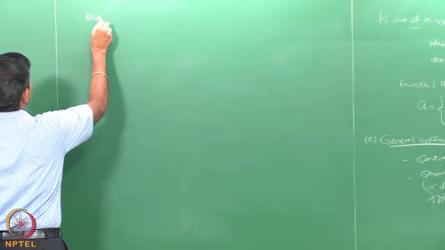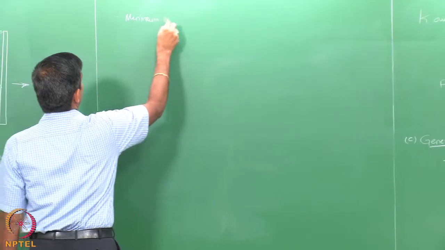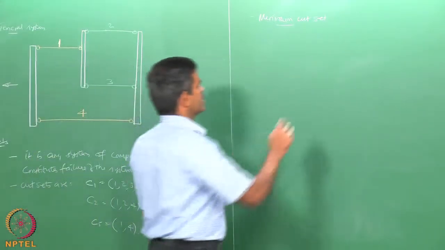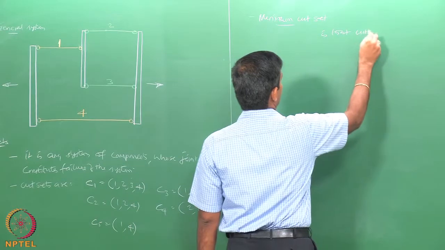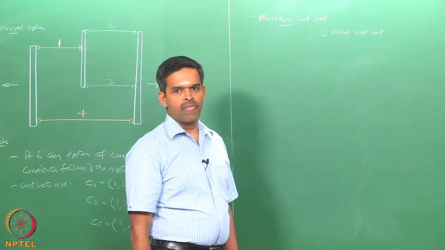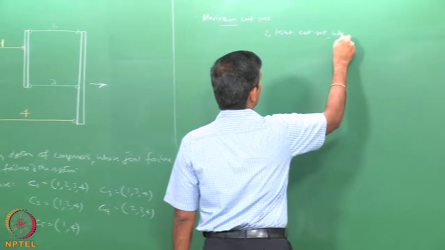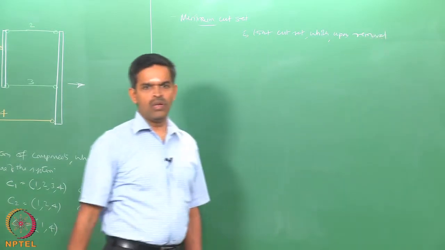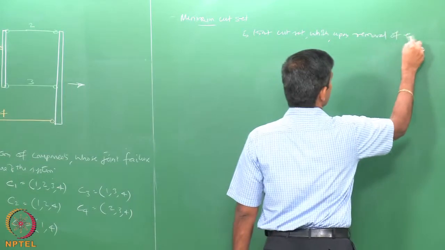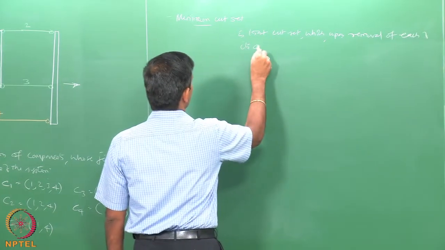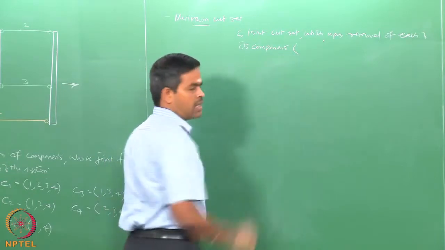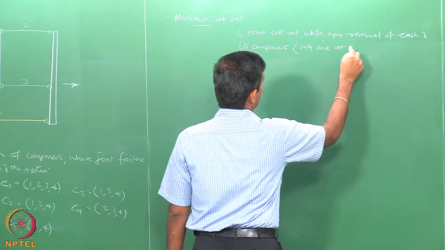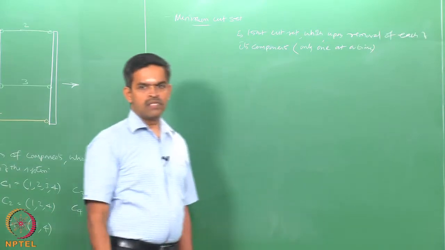So, now we are talking about a minimum cut set. Minimum cut set is that cut set which, upon removal of each of its components, please understand only one at a time can be removed, ceases to be a cut set.